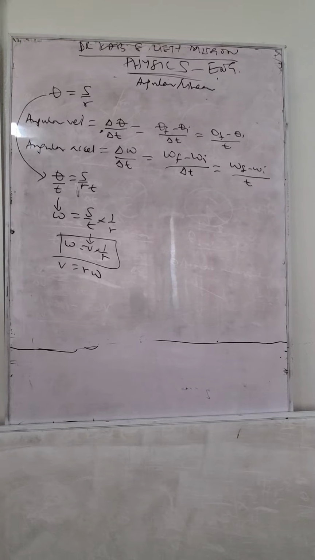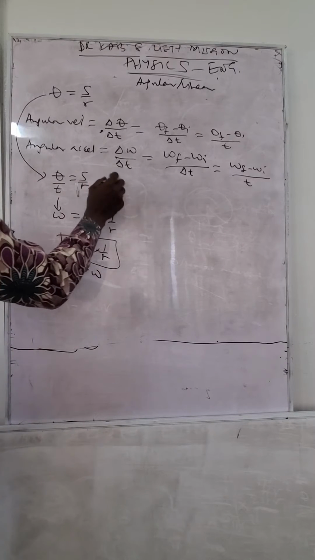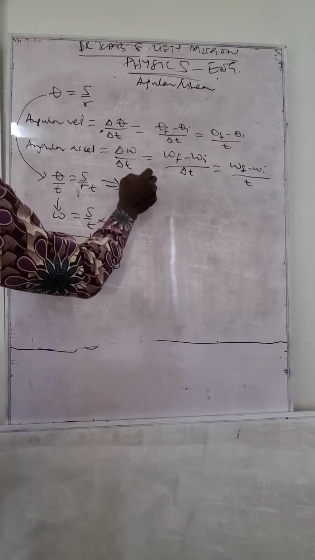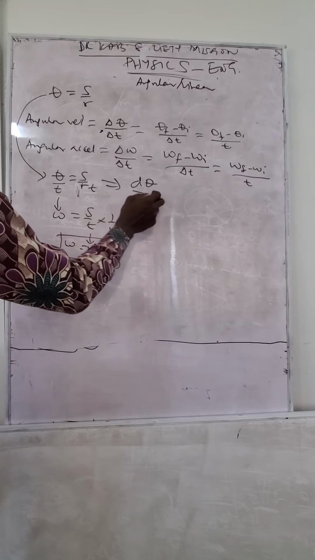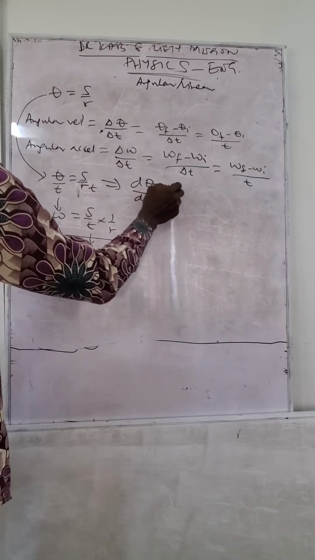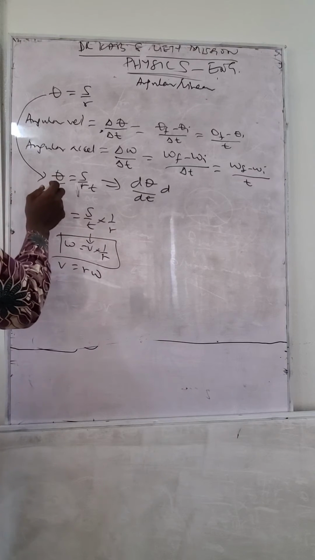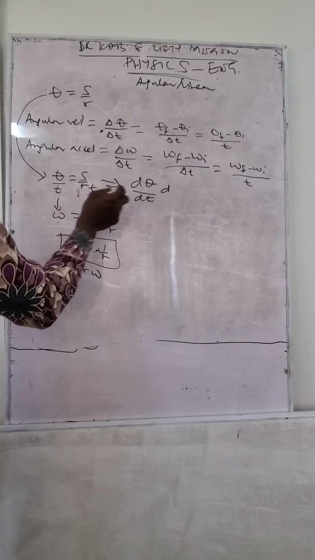We can also say that somebody could have done this. After he's done that one, you can just find the t, and then multiply here by the t.